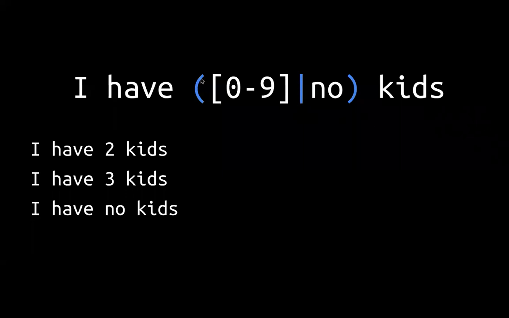So in this case, I'm saying the string should match I have space and then either this character class 0 through 9 or the literal word no. So you can use parentheses in combination with this vertical bar to do alternation, to have different little sub-expressions in your regular expression, where either one can match and your string will match. Does that make sense?